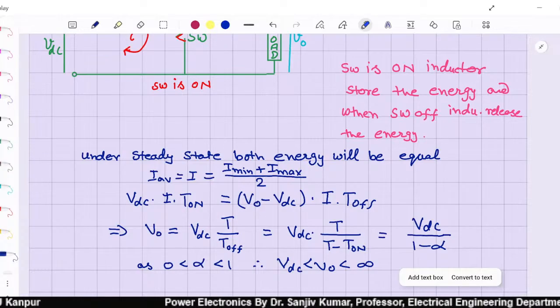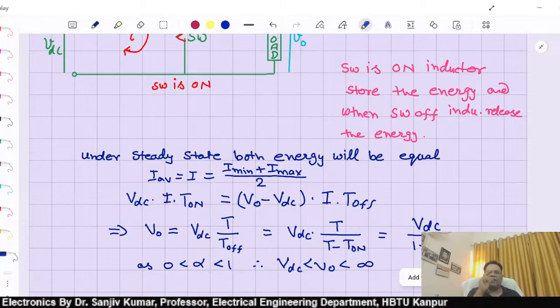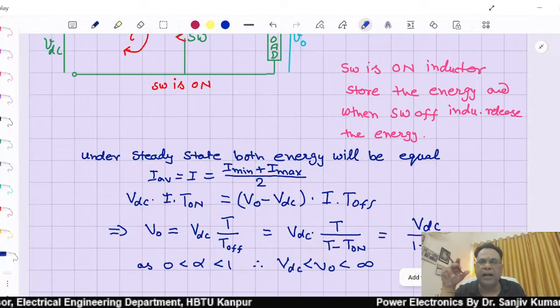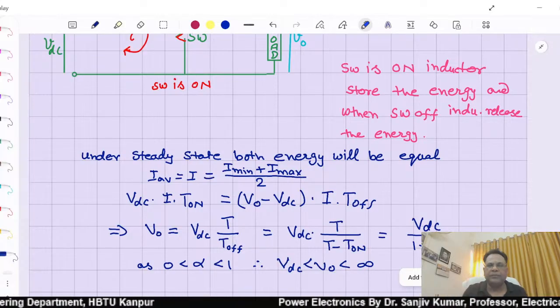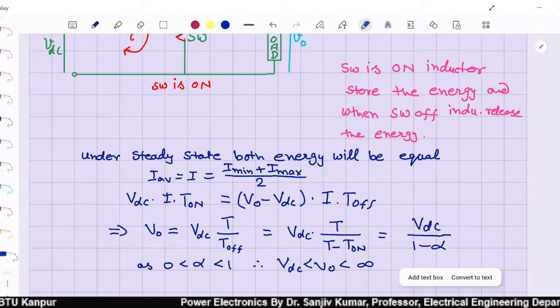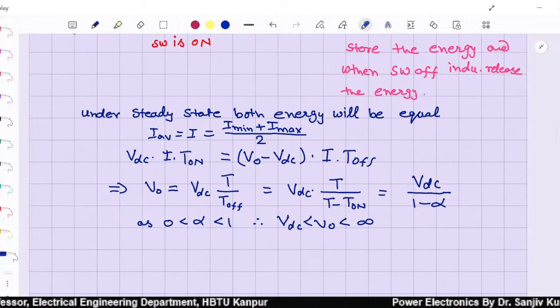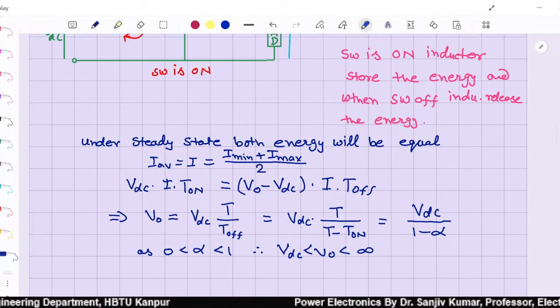It means output voltage is always greater than the input voltage. It means it is boosting the voltage. Output voltage is increased as compared to input voltage, right?